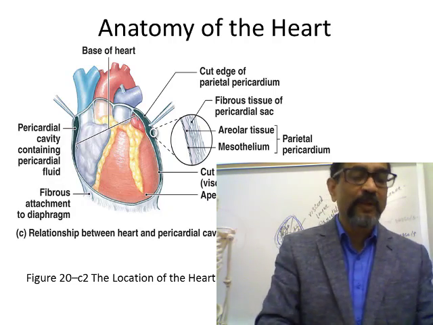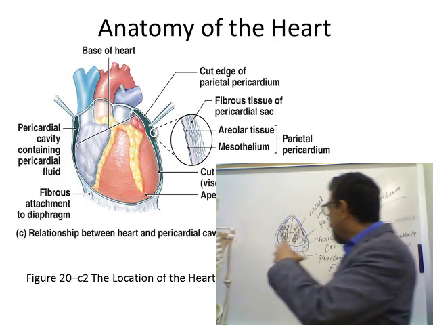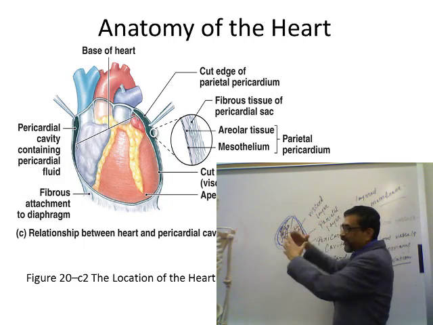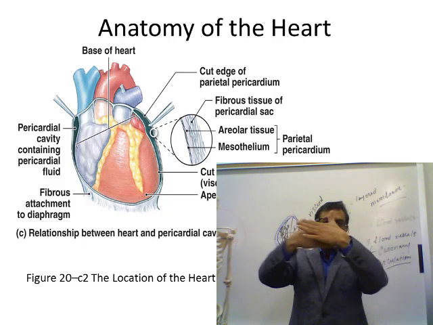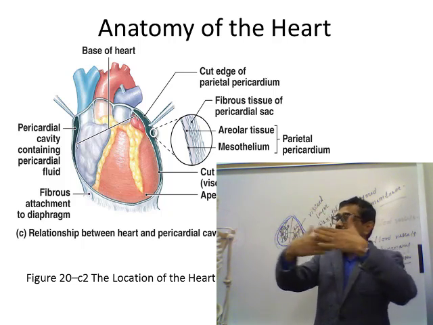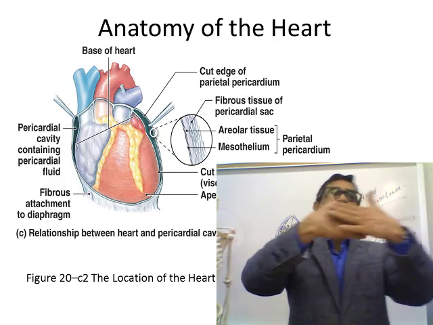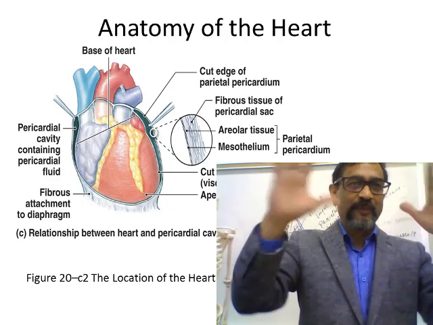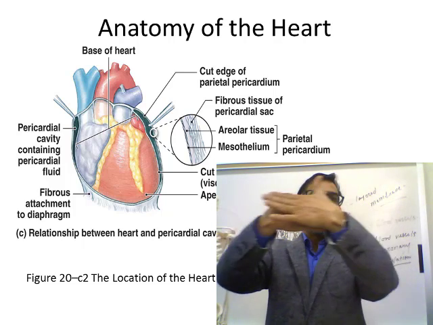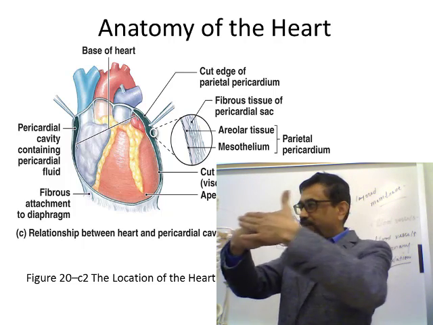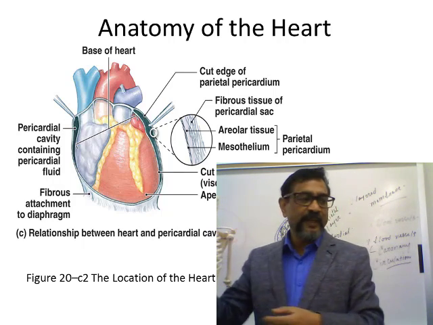Now, when your heart expands and contracts, these two layers move like this in opposite directions. Okay? So that fluid in between is preventing friction between those two layers. Make sense? Because when your heart contracts and expands, the layers move in opposite directions like this. So the presence of that fluid is very important, right? Because it is a slippery, lubricating type fluid. So that prevents the friction.